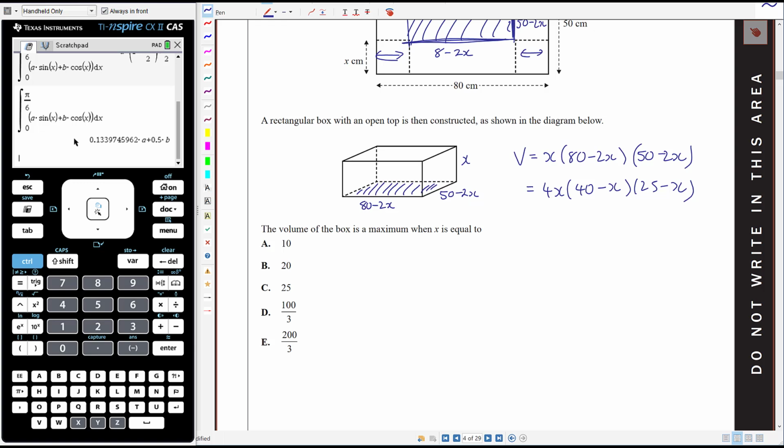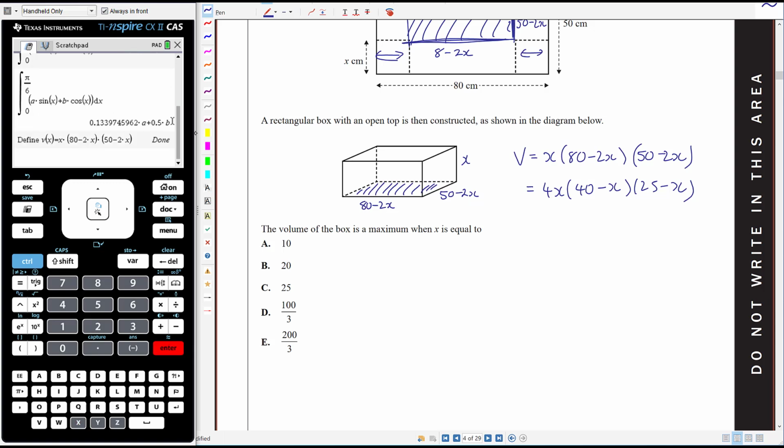Now, you could graph that function on your CAS, you could solve the derivative of that function equal to 0 on your CAS, you could use function max on your CAS, all those things available to you. So I'm going to define my volume function. Again, I don't need to have simplified it. I might have made a mistake when I simplified it, so why don't I just stick with the equation I got directly by multiplying the 3 lengths together.